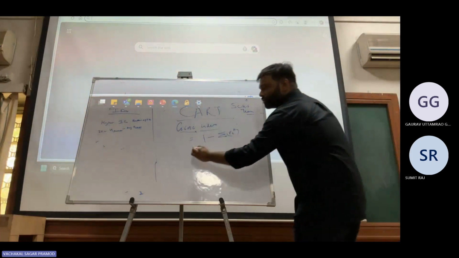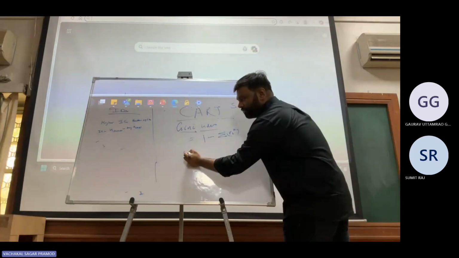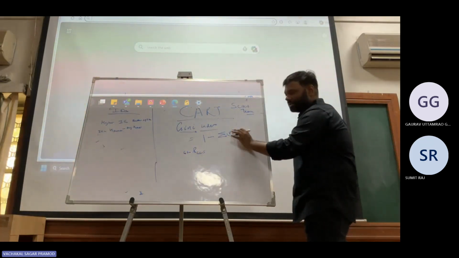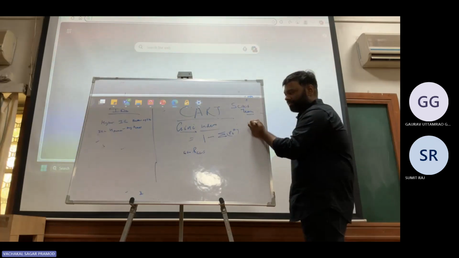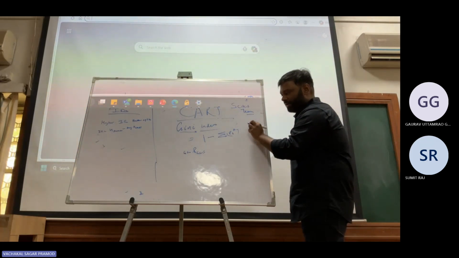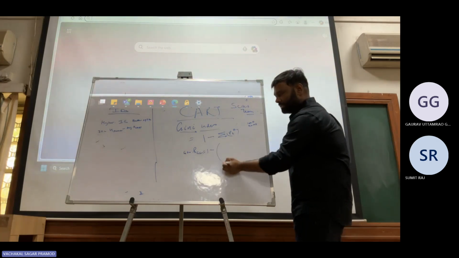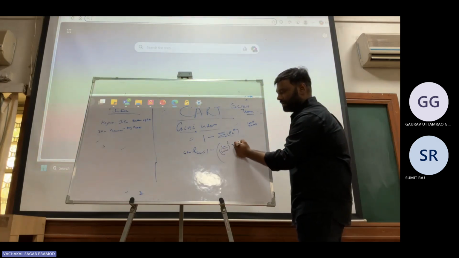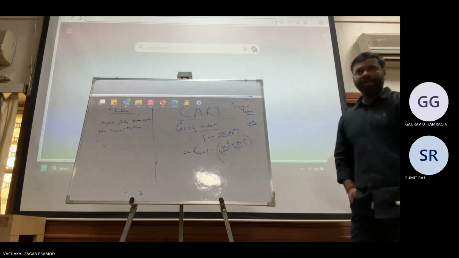Right. So the Gini index of the parent uses the same formula. In the parent, we have 100 defaulters, 900 non-defaulters. So it would be 1 minus (100 upon 1000) squared plus (900 upon 1000) squared.